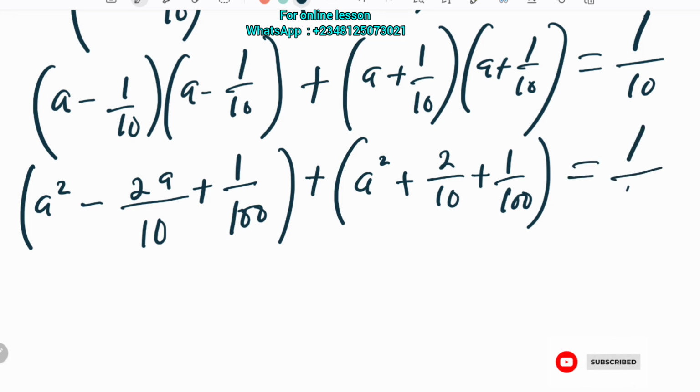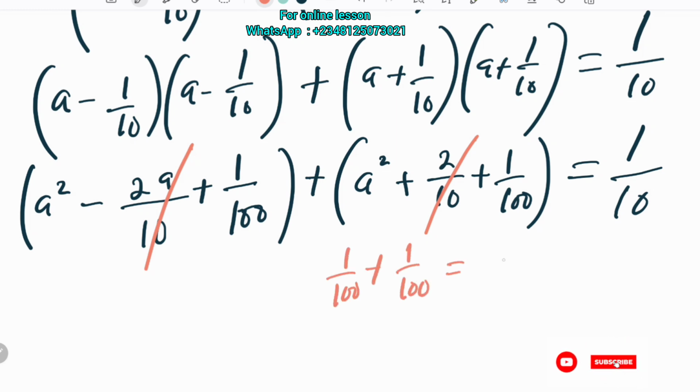equal to 1 over 10. Now let us simplify. So if you open the brackets, this 2a will take care of this. Then we will now have this 1 over 100 plus 1 over 100. 1 over 100 plus 1 over 100 is equal to 2 over 100.